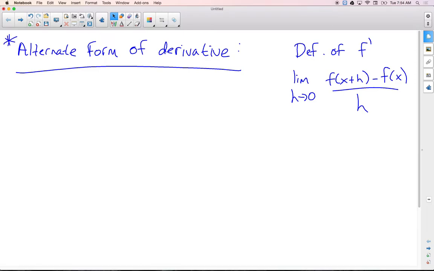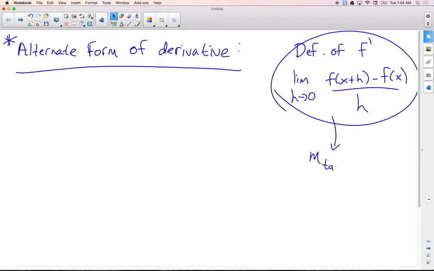And what it does, this one over here, when you did this one, it gave you the slope of the tangent for all x. It gives you the instantaneous rate of change for all x. This one doesn't.